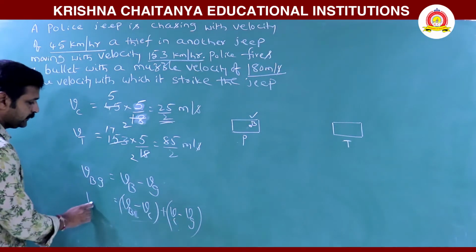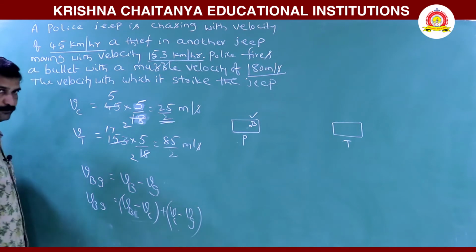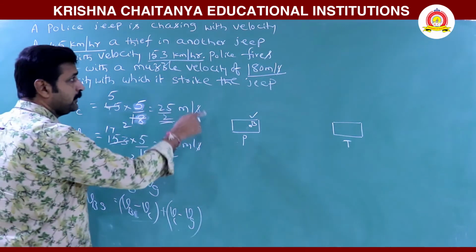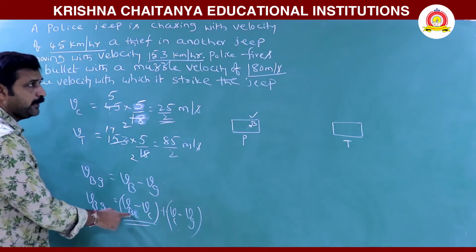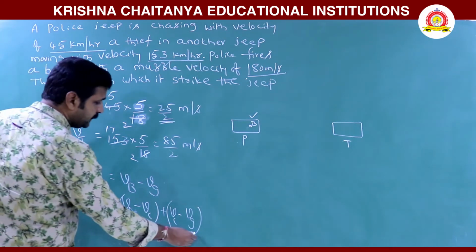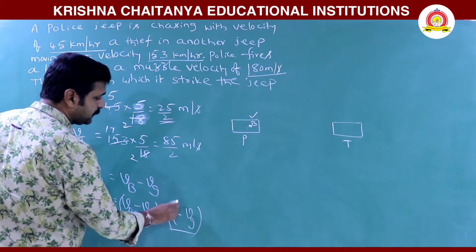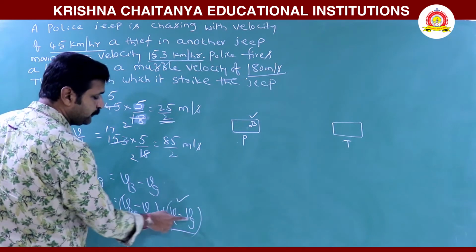Here this is with respect to ground. This bullet emerged from the jeep, meaning it is already having 180, and Vc minus Vg means the velocity of the cop jeep with respect to ground.